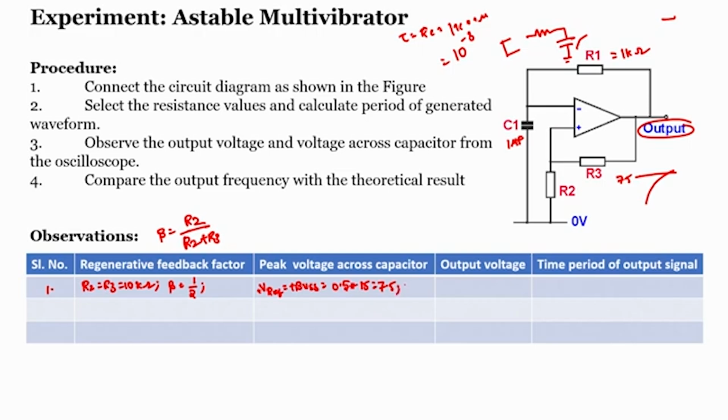Now, what about the minus V reference value? It is nothing but minus 7.5. That means the capacitor voltage will always charge and discharge from plus 7.5 to minus 7.5 volts. That is what we have seen, right. Now, based upon that, how do we calculate our time period?